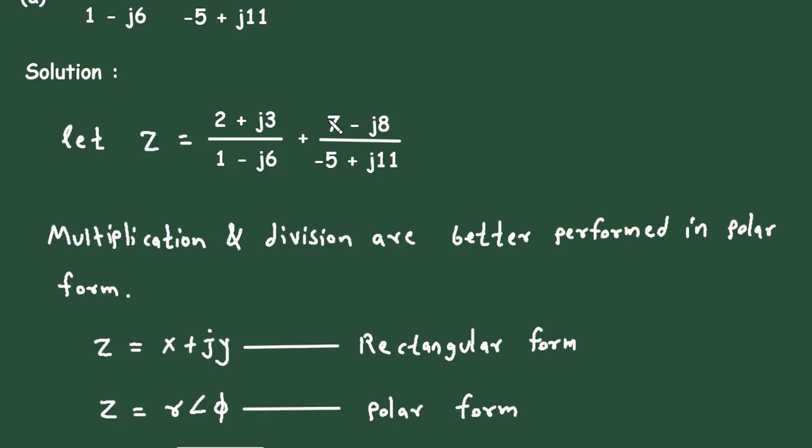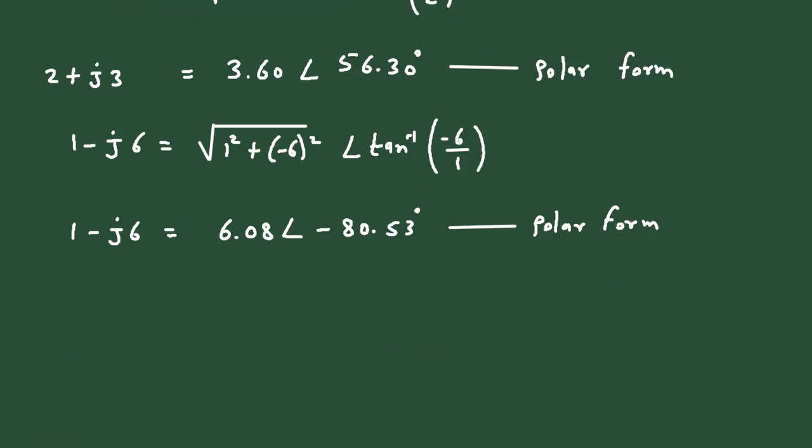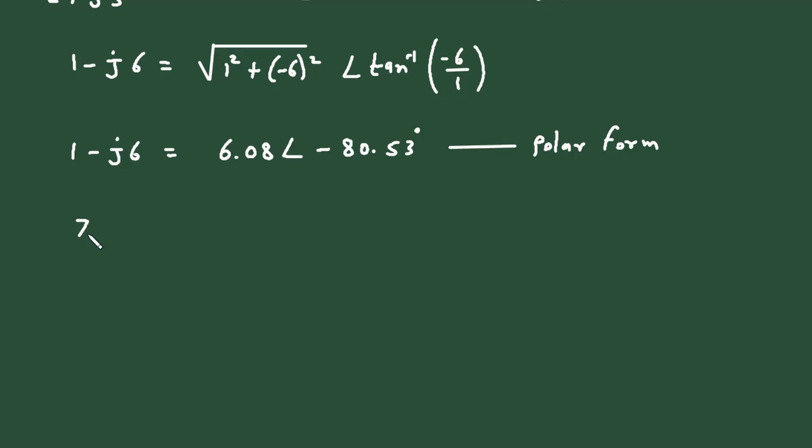Then next is 7 minus j8. 7 minus j8 is equal to under root of 7 square plus minus 8 square at an angle tan inverse of minus 8 by 7.